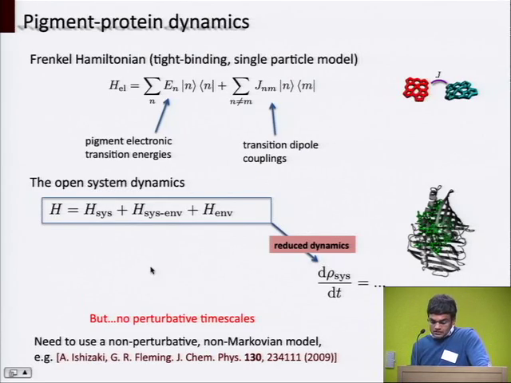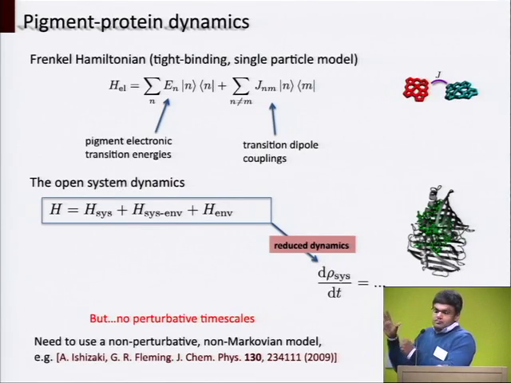Now, the tricky thing about this particular system and about light harvesting complexes in general, and we could talk about why this is, is that there are no perturbative timescales in this system. The standard way of going from this complete description of the system and the environment, everything around it, and just focusing on the system, is to perturb around some timescale.